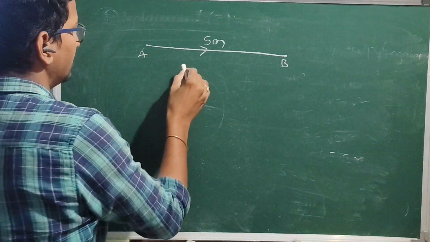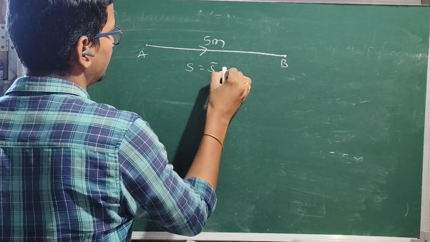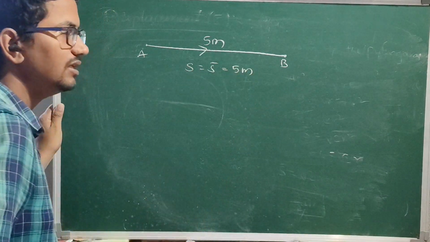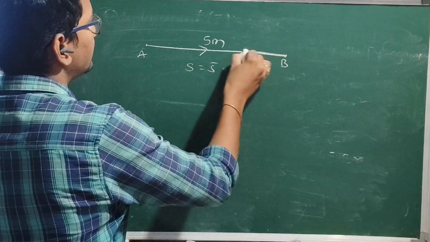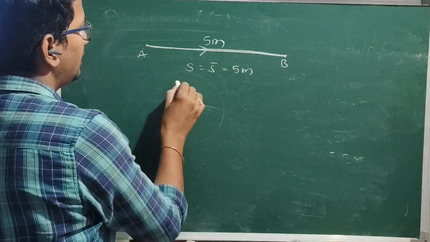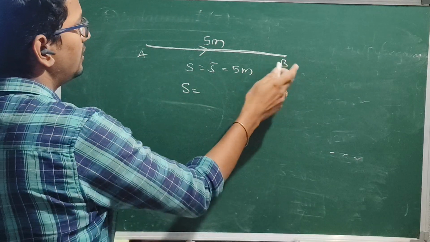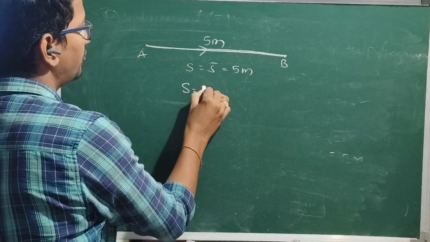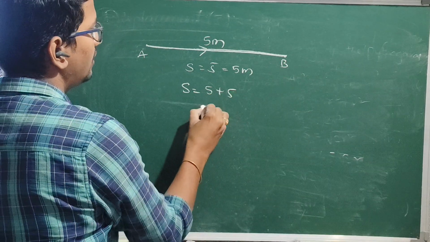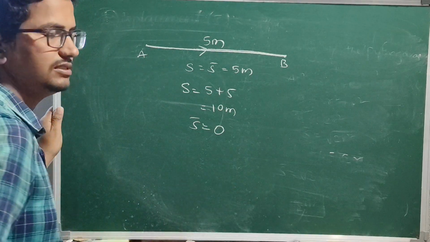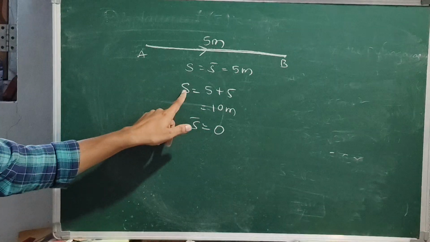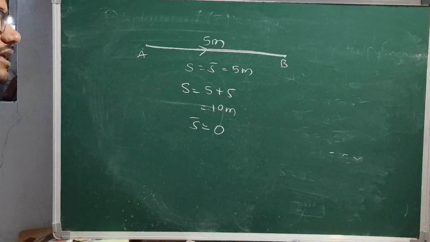Both are equal, S is equal to S bar is equal to 5 meters. Now the same particle comes back. The distance A to B and B to A is 5 plus 5, the actual path, 10 meters. What is the displacement? Initial and final are the same, so it is 0. So distance is always greater than displacement.